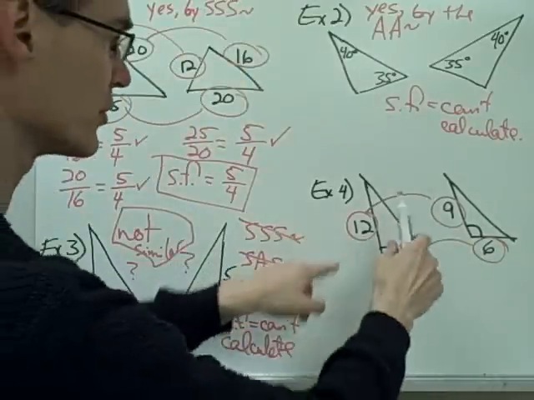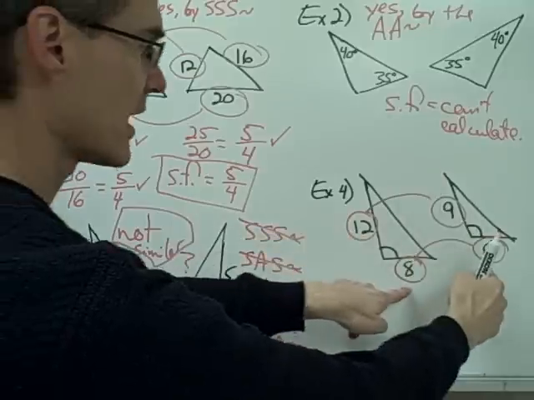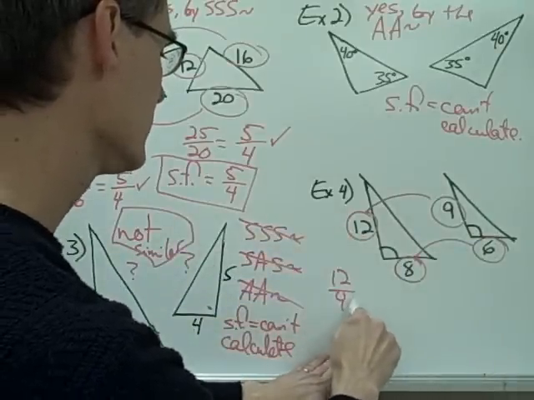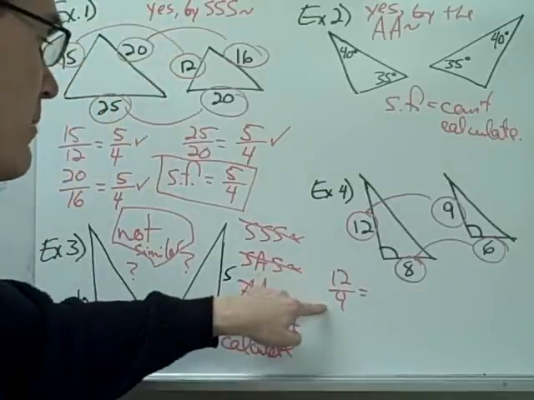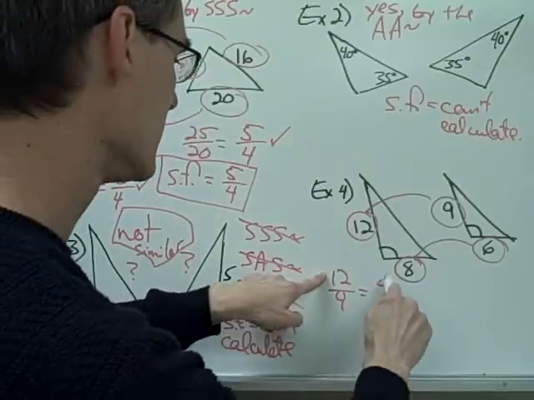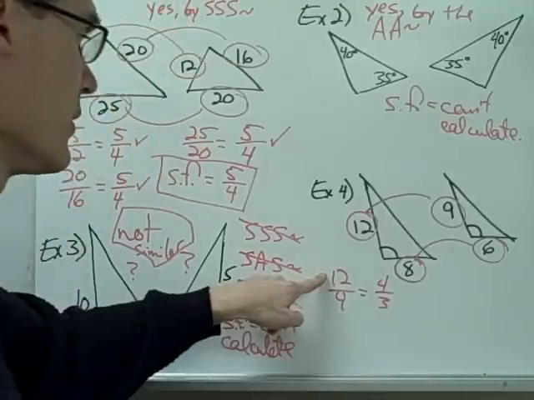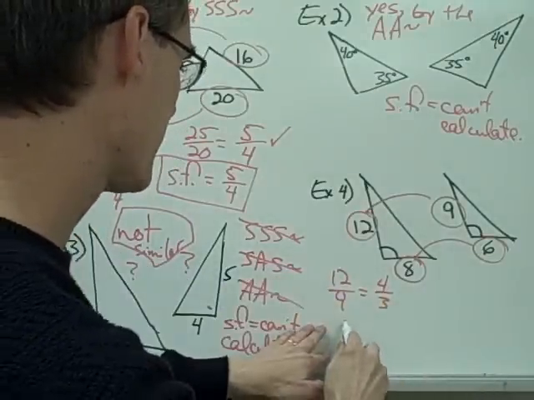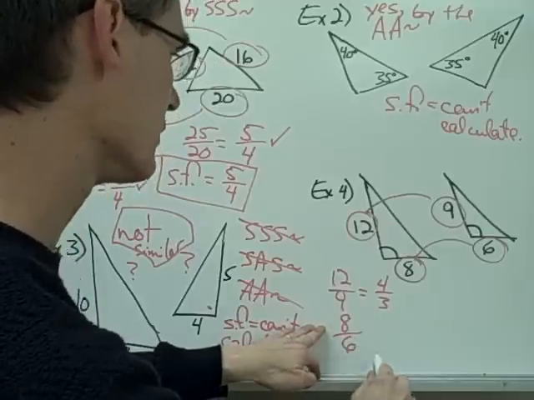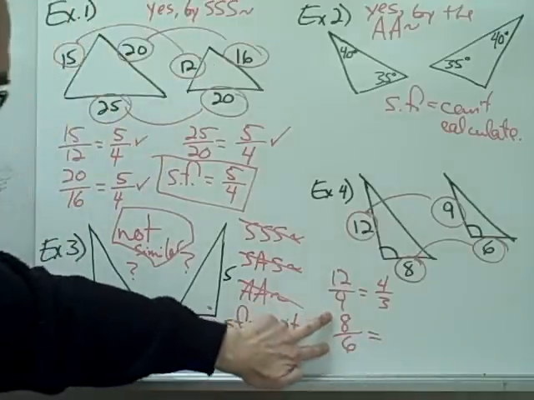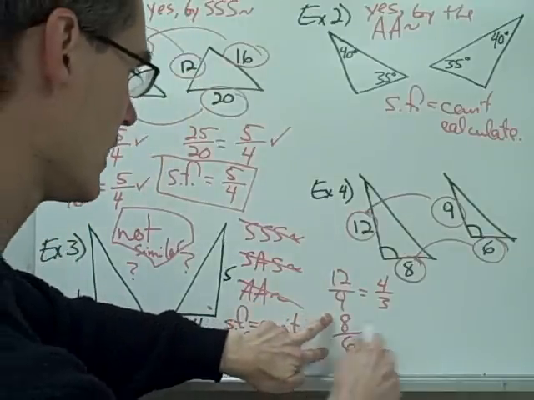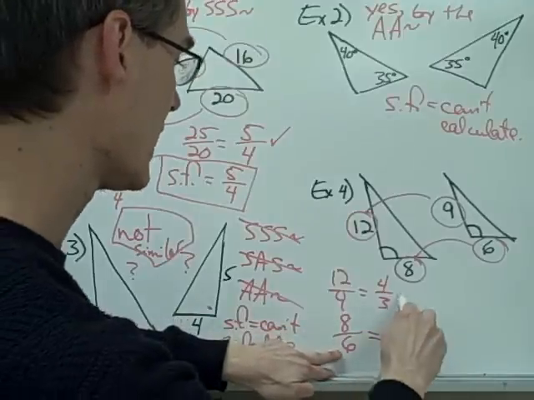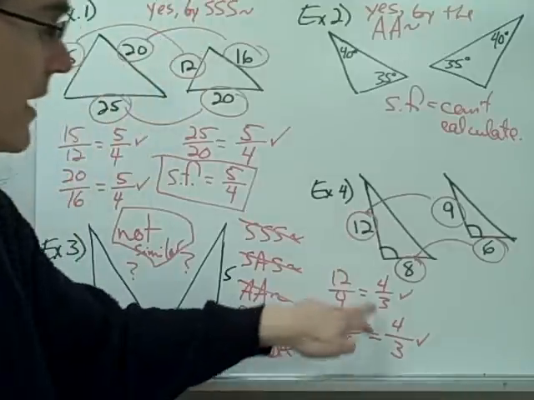In order for them to be proportional, this ratio is going to have to equal this ratio. So let's see. 12 over 9. I divide top and bottom by 3. That's going to give me 4 over 3. Let's see if that matches this pair of corresponding sides, 8 over 6. If I divide top and bottom by 2, 8 divided by 2 is 4, 6 divided by 2 is 3, and yes, they are proportional.